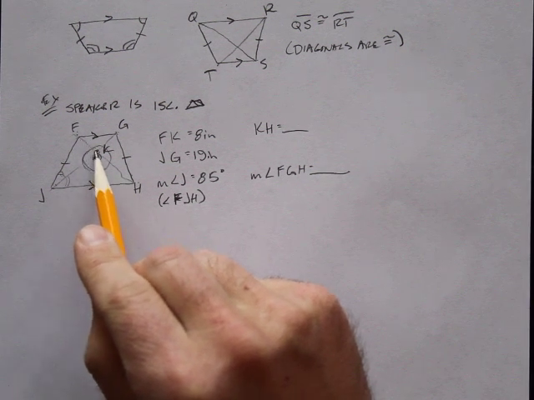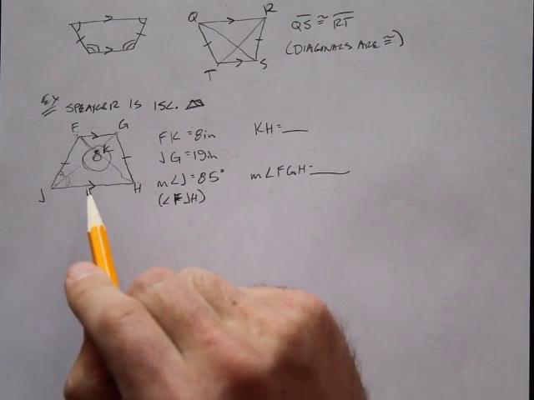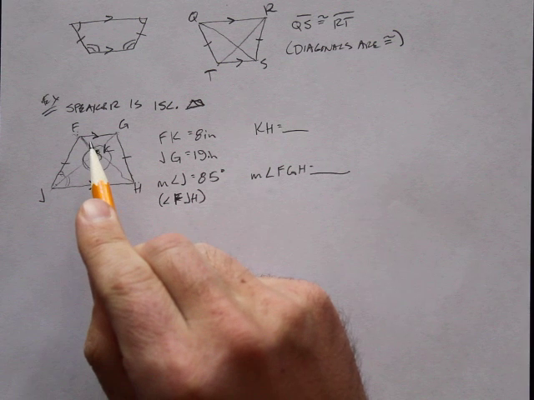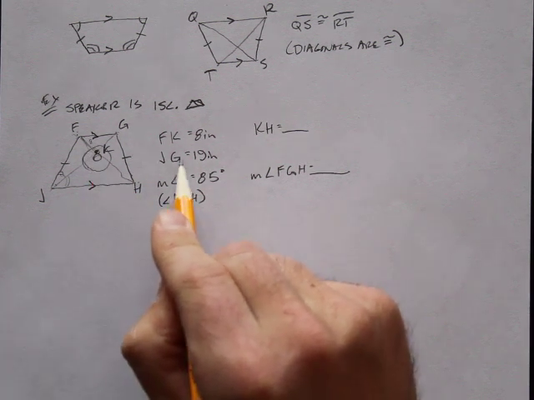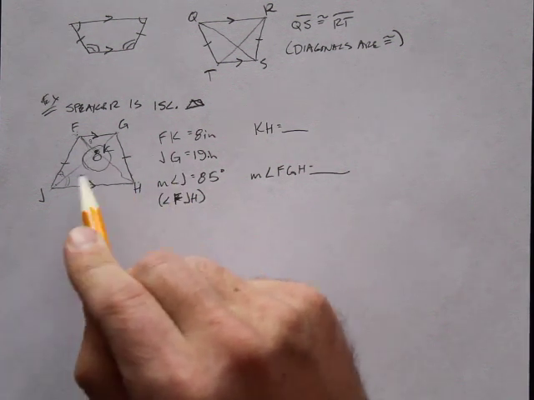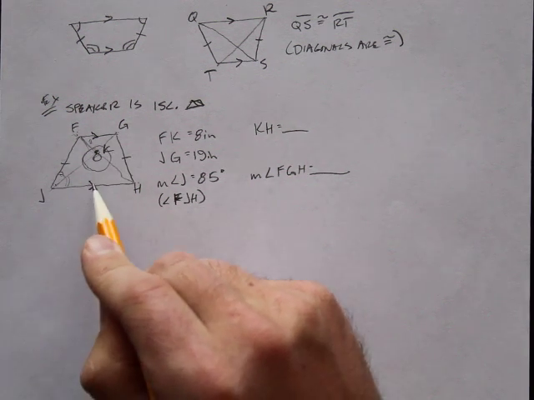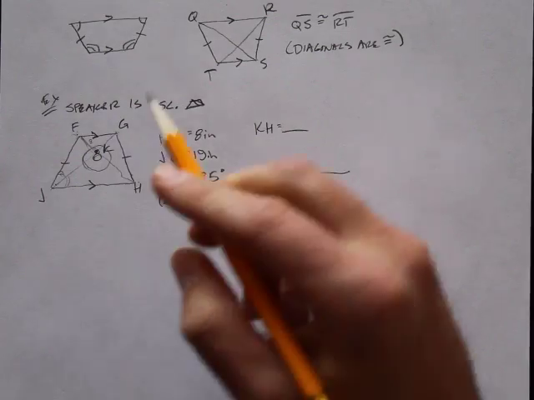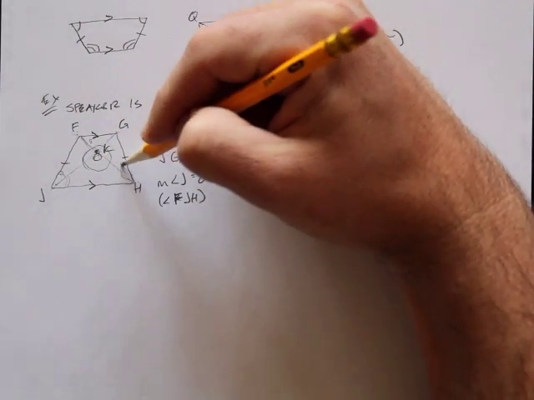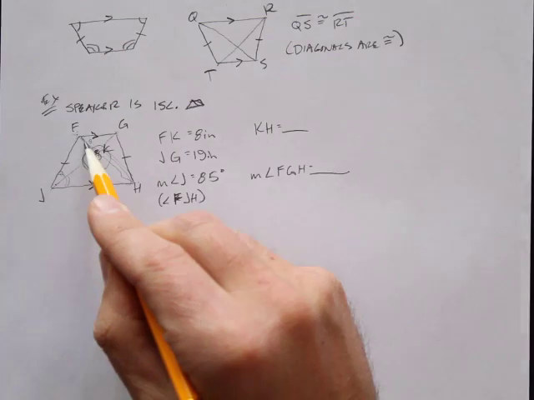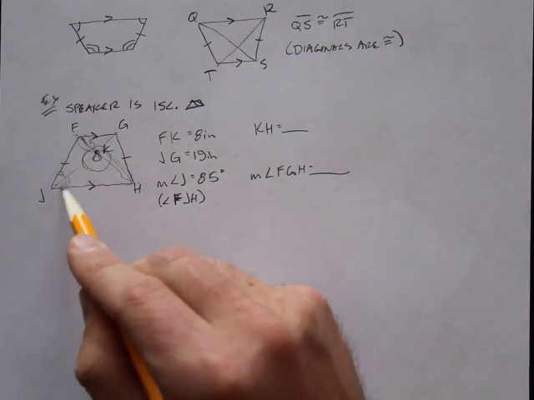All right, FK, JK, that's this little piece right here, is 8 inches. JG, that whole thing, is 19 inches. I want to know what's KH. So I just want to know this piece here. I have this piece, and I have this whole.